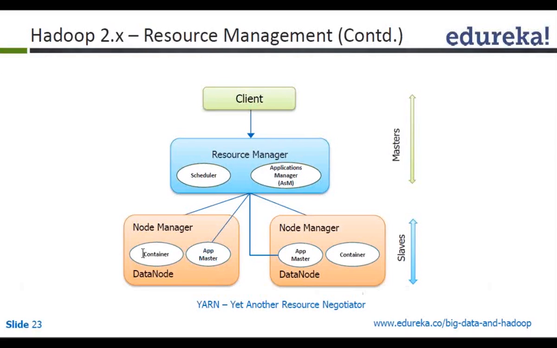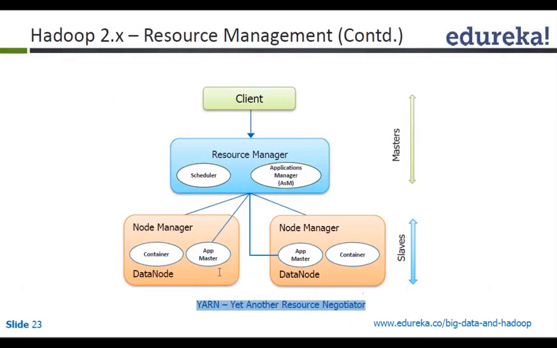The application master will get the job done by the different containers where the data is. So what is a container? Container is a JVM where the processing of your data would happen, and on which node the container has to be started is all taken care of by the resource manager. So this is the way how YARN would work. What is YARN? It is yet another resource negotiator. Okay, friends? So these are the different components we are having.